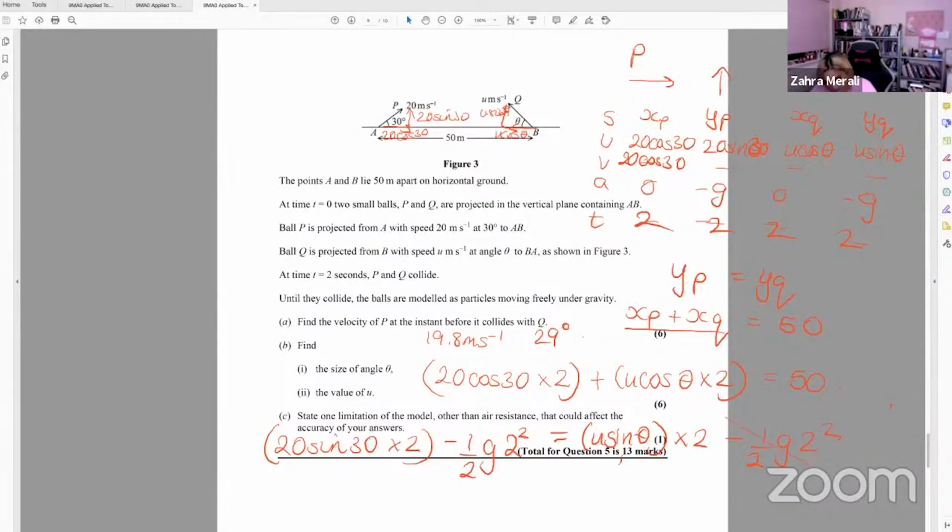This is the same on both sides, so it can go, and 2's the same on both sides. So we have u sine theta equals 20 sine 30, which is 10.